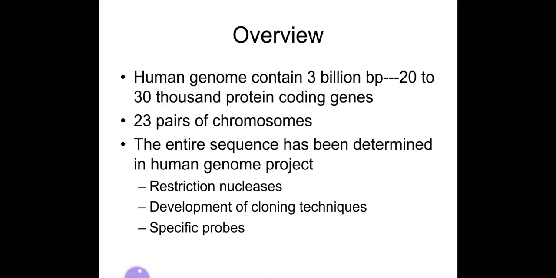And what it did was sequence all the nucleotides present in the 23 pairs of chromosomes. So the human genome contains 3 billion base pairs, and its sequence is present on the internet. And these 3 billion base pairs contain 20 to 30,000 protein coding genes.